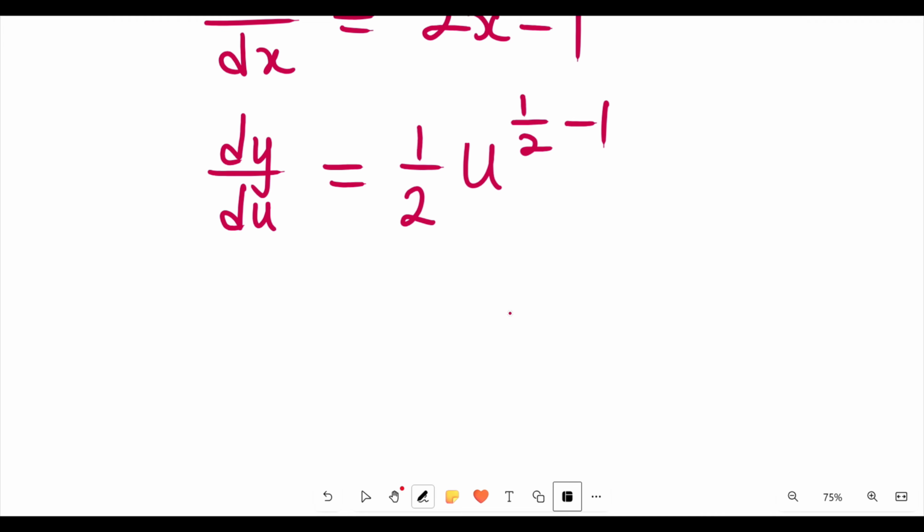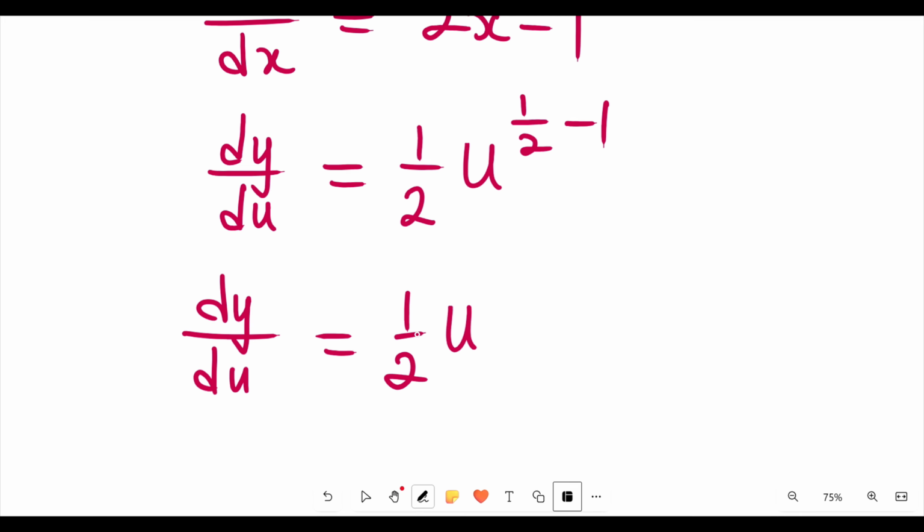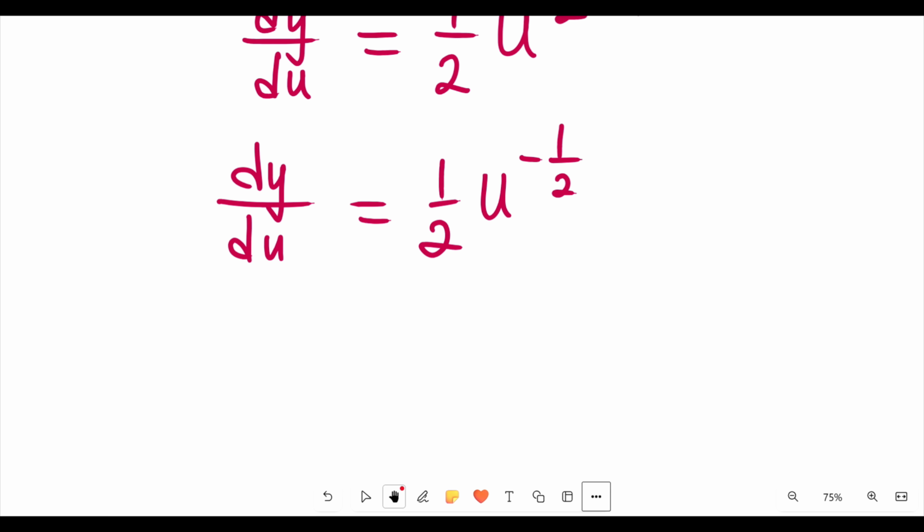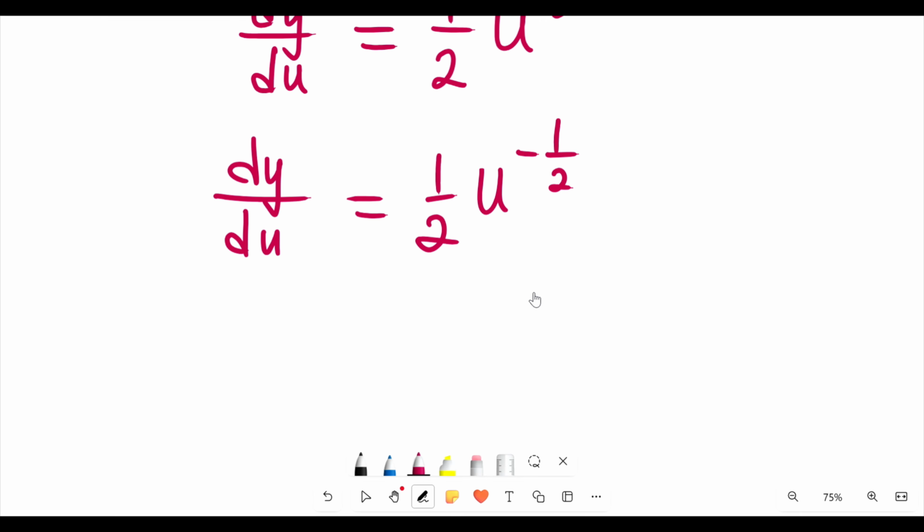All right. So let us continue and get our derivative. So our dy du becomes 1/2 of u having an exponent of negative half. Right. Now we have to find dy dx. We will be multiplying the two functions that we have differentiated.